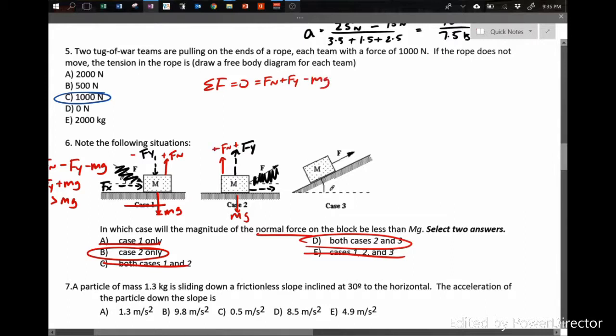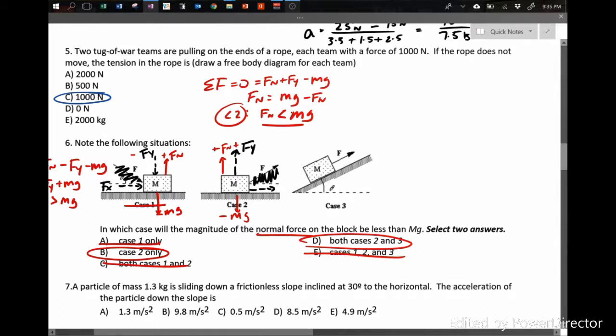Both of these forces are up and the weight is down, so I'll make those two positive, weight negative. If we solve for the normal force here, it's going to be mg minus the force in the y. Great. In that case then, for case 2, the normal force is the weight minus something, so the normal force must be less than the weight. So that's one of the ones that we're going for, case 2.